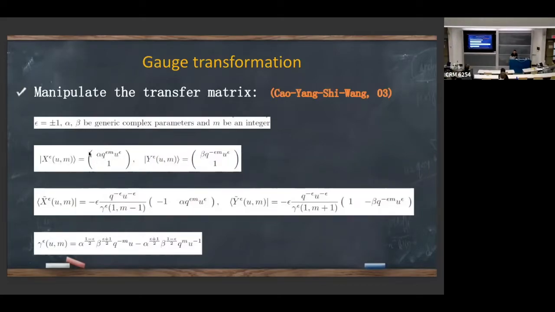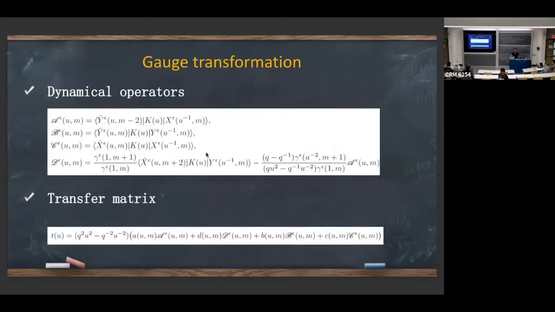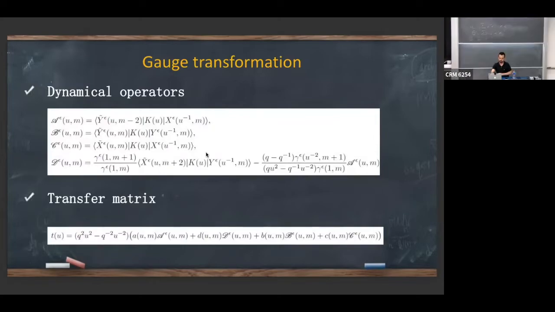Okay, and we introduce our sample vectors. They have some nice closure relations. But let me just say that we are going to play with this alpha and beta to help us solve this problem. So using these X and Y vectors, we introduce new operators that we call the dynamical operators, A, B, C, and D of U and M. They also depend on alpha and beta, but to avoid heavy notation, we do not put alpha and beta here, but they do depend on these constants.